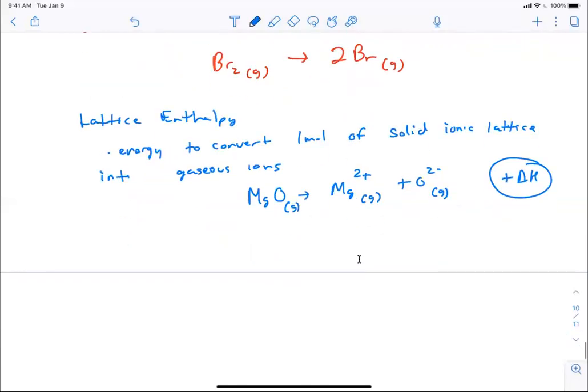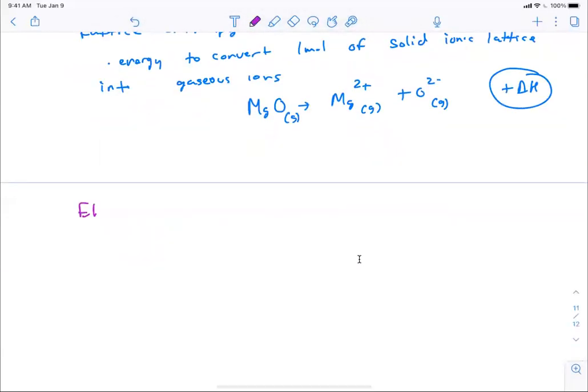Okay. Also for higher level, you have to know enthalpy of hydration, which is essentially, well, let's just do gas going to aqueous. So the energy change that happens when a gaseous ion becomes dissolved in water, almost always exothermic.